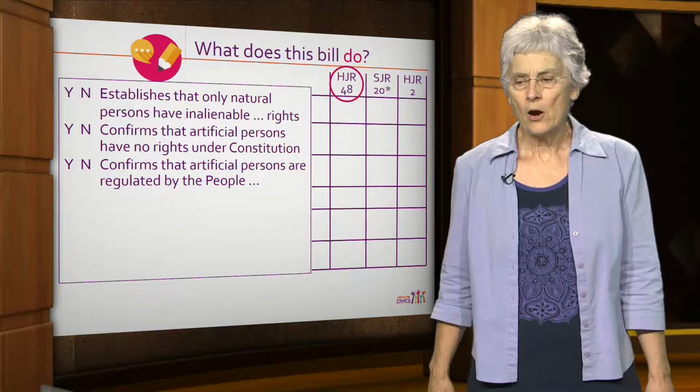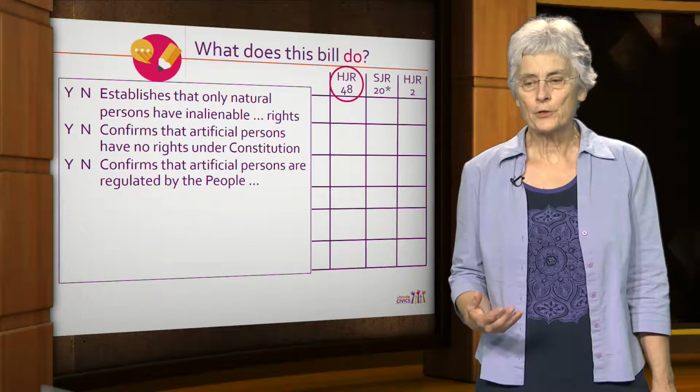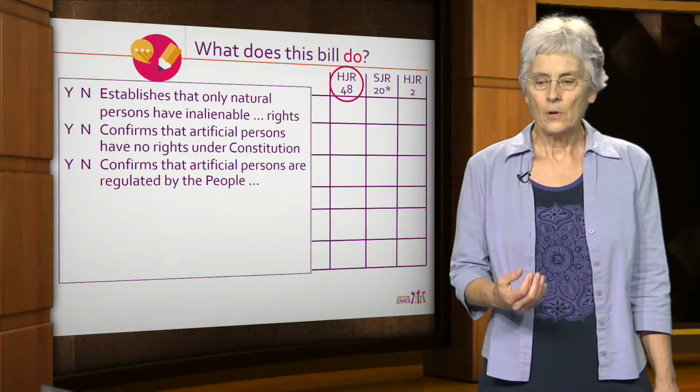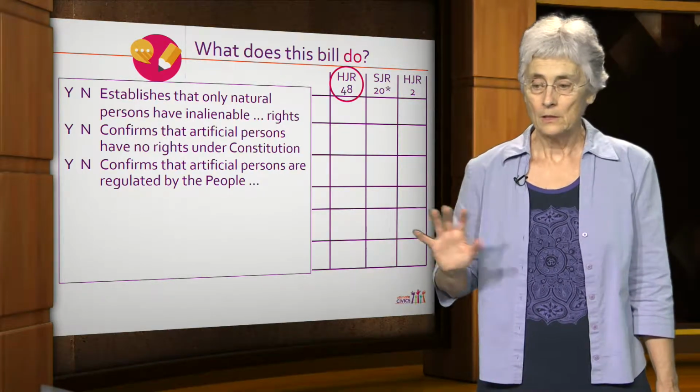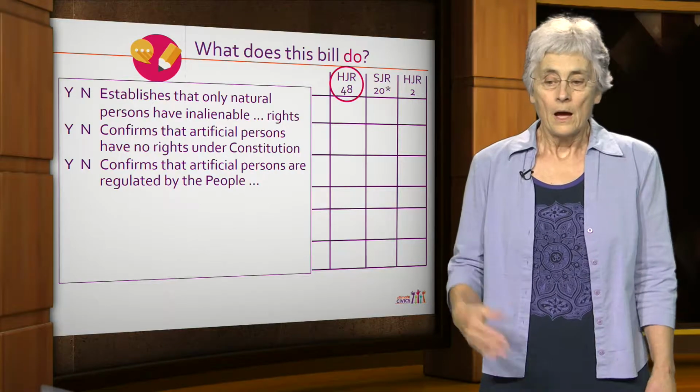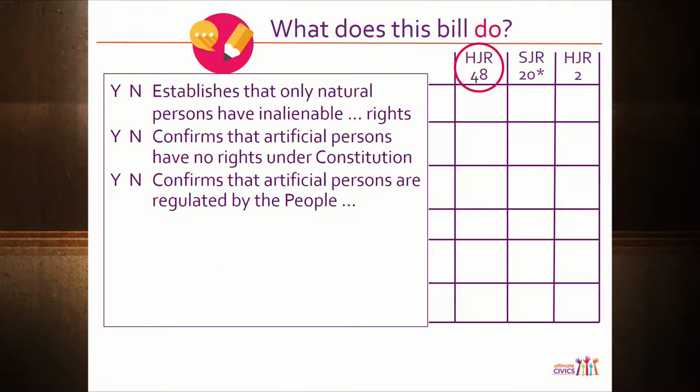So HJR 48, these are the first 3 statements on artificial persons. They are the same statements on every single bill. Does this bill establish that only natural persons have inalienable rights? Does it confirm that artificial persons have no rights under the Constitution?